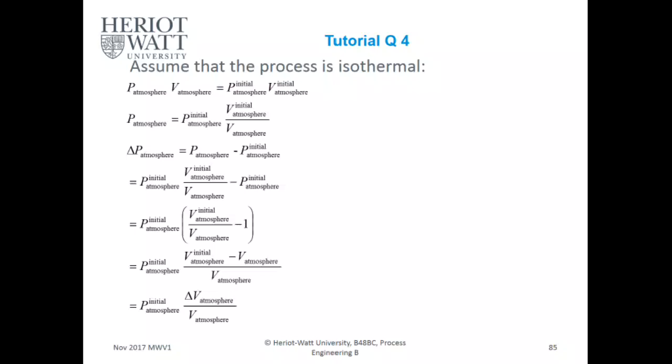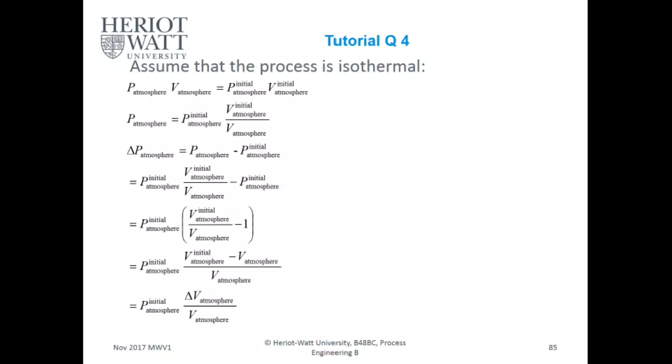And that equals the initial pressure times the initial volume over the final volume, minus the initial pressure of the atmosphere. So remember atmospheric pressure, 101,325. How much are you going to change that if you blow up a balloon in it? So the change is infinitesimal. And this is just a mathematical proof.